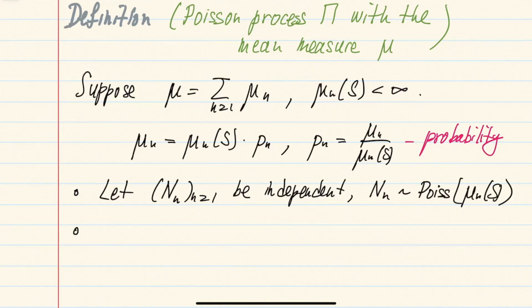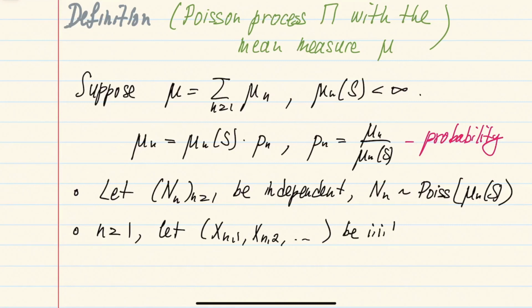Then second, for each n, we consider an IID sequence. These are IID random variables with distribution Pn, the measure mu n rescaled to be a probability measure.